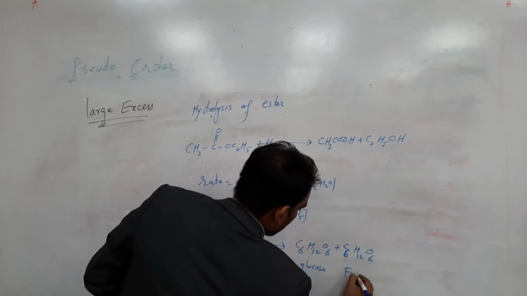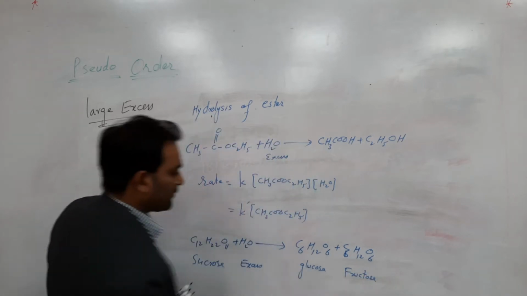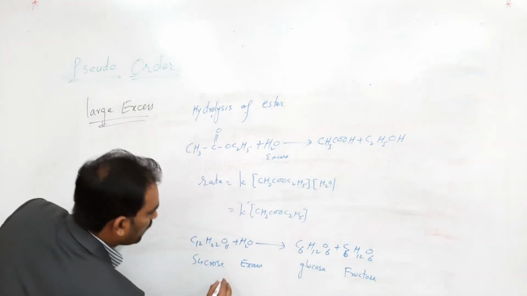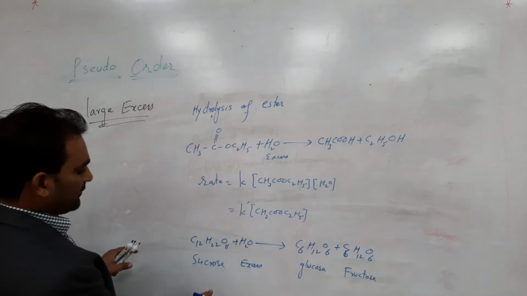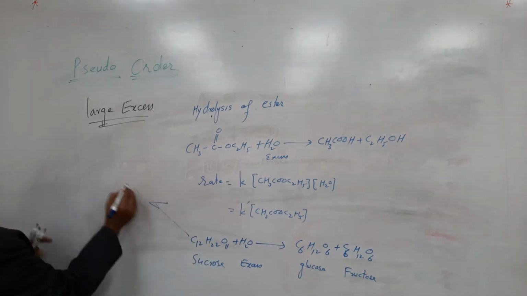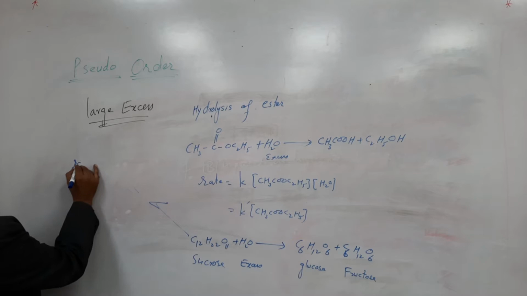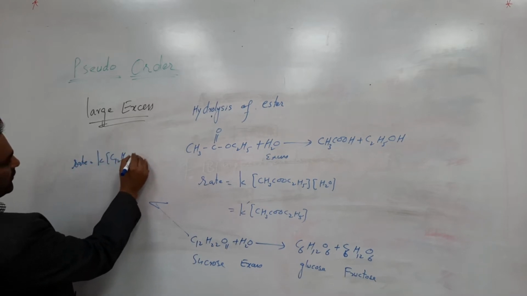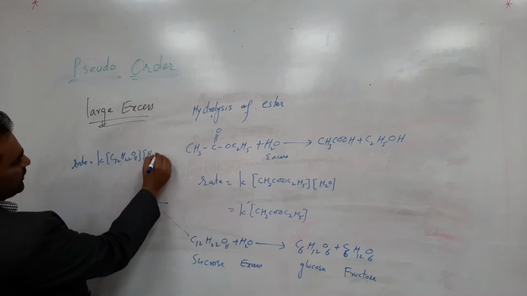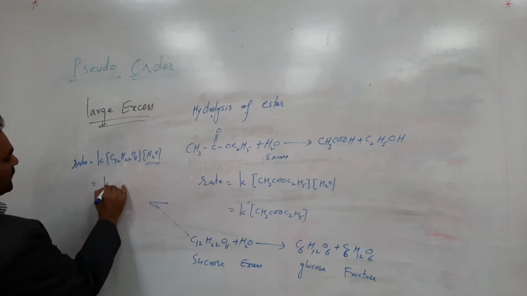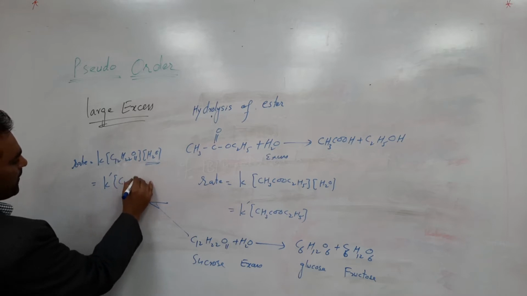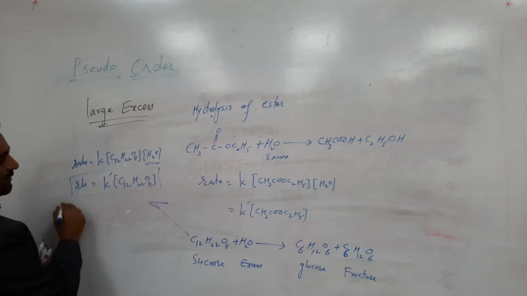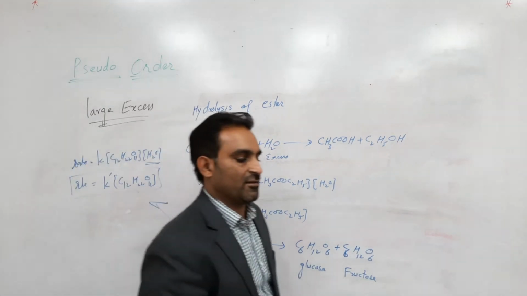Its rate will be equal to k[C12H22O11][H2O], and because water is in excess, it will be equal to k'[C12H22O11]. So similarly, this is also a pseudo order reaction.